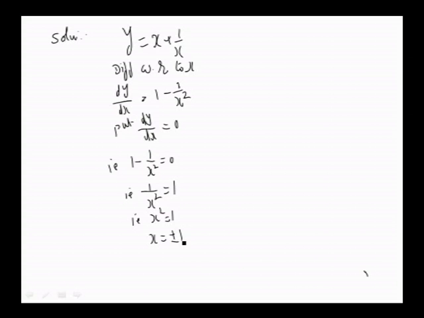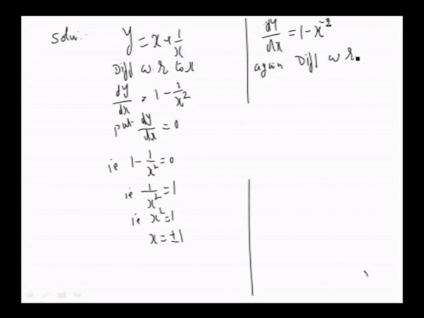For the second rule, find the second derivative of y with respect to x. dy by dx is equal to 1 minus x to the power of minus 2. Again differentiate with respect to x: d squared y by dx squared.